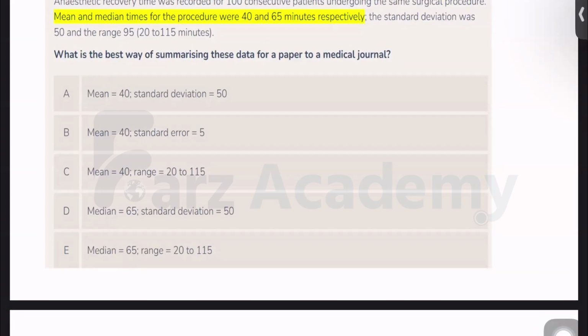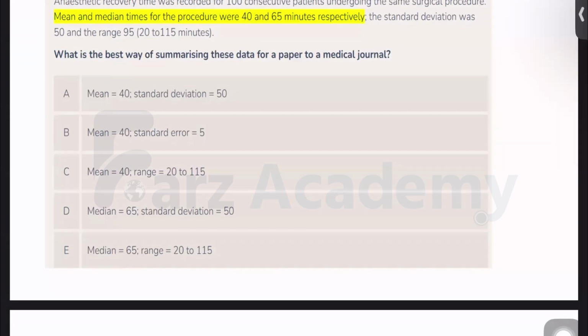So what is that one value or one measure that is resistant to the skewness, resistant to extreme values? Median. Median, very good. So obviously the answer is not A, B, C now. So tell me D or E.